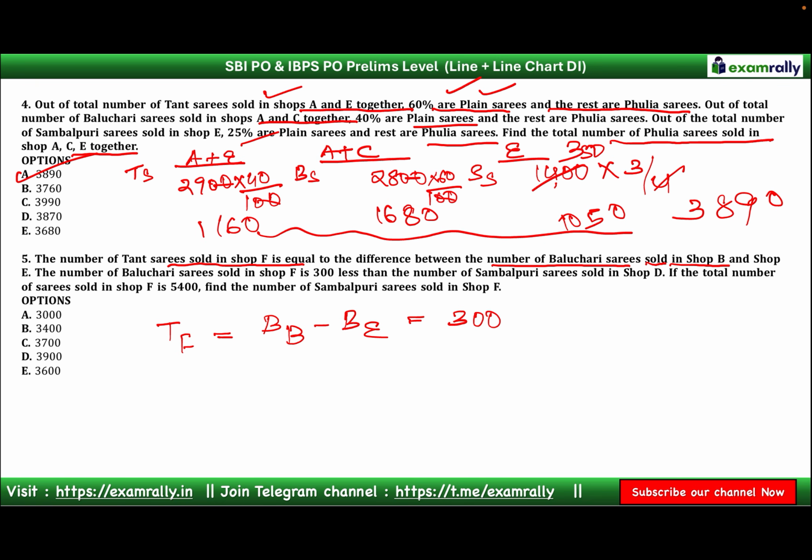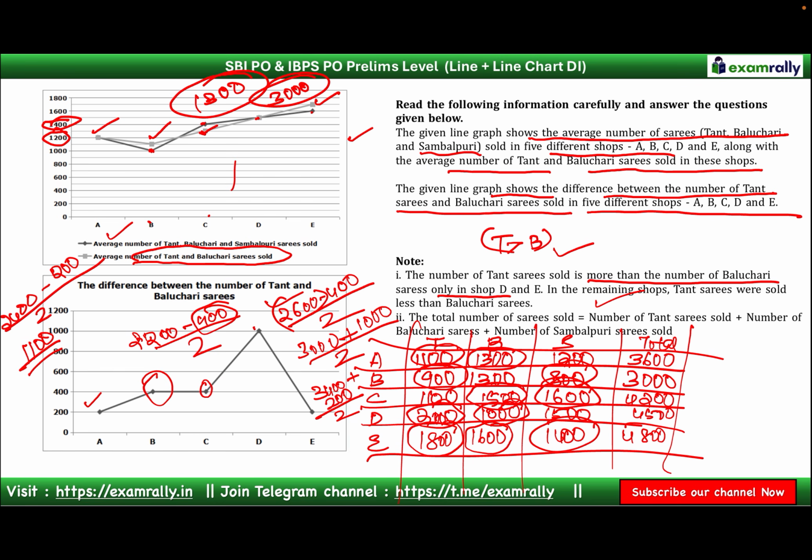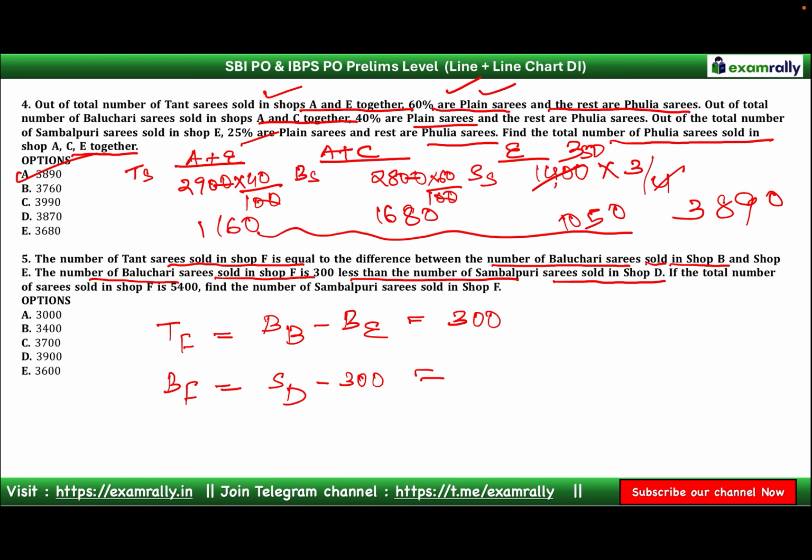Okay, and the Baluchari sarees sold in F. So in F, Baluchari sarees sold is 300 less than the number of Sambalpuri sarees sold in shop D. So Sambalpuri sarees sold in shop D minus 300 equal to this Baluchari in F. Okay, D Sambalpuri is what? 1500 minus 300, which equal to 1200.